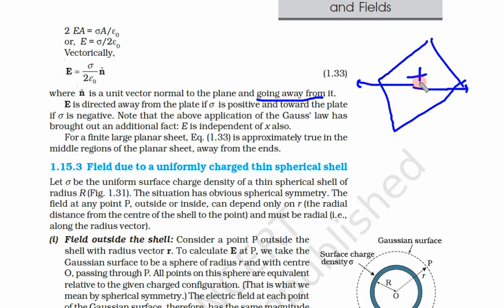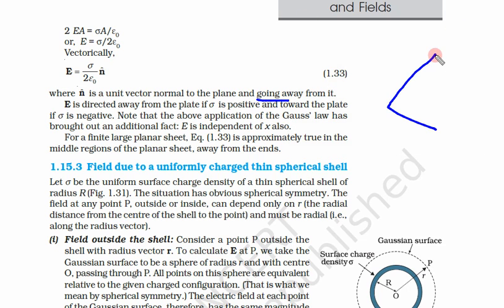That means we consider it to be a positive sheet, which is why n is outwards. If the charge is negative, the field would be directed inside towards the plate.